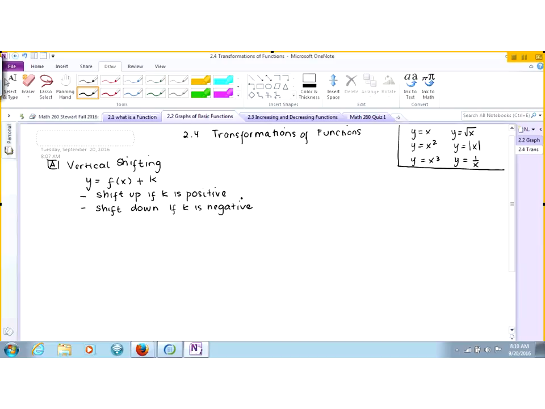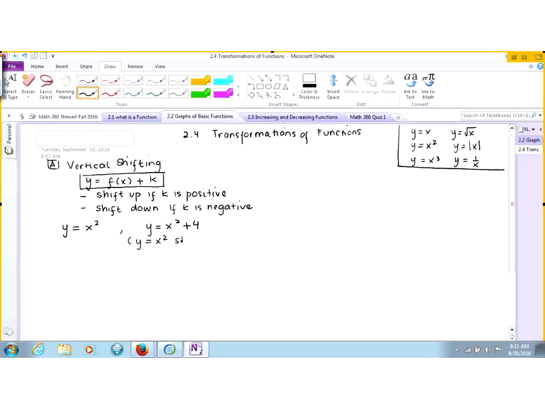What do I mean by that? Suppose this is my function, y equals x squared. What do you think happens when I put y equals x squared plus 4? You shift up.